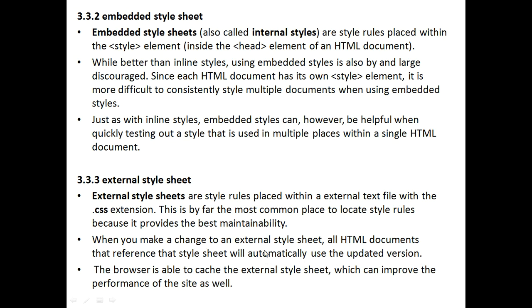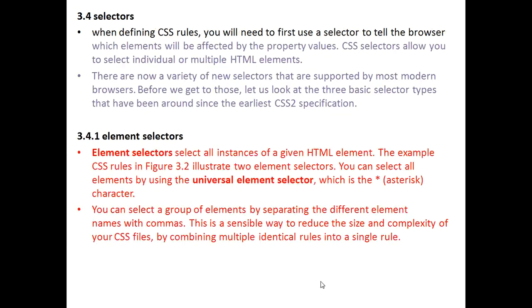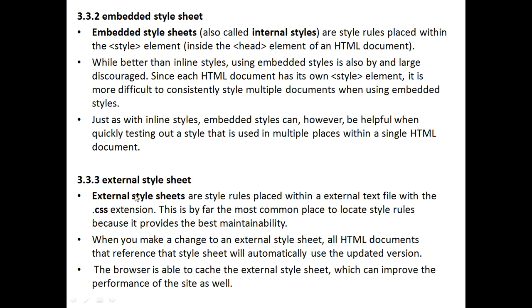In the sense that if you want to change the presentation of HTML document elements, you just change the external style sheet, and it automatically updates all the HTML elements. The browser is able to cache the external style sheet, which can improve the performance of styling as well. So we will have one example of external style sheets.